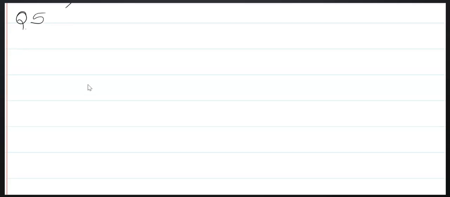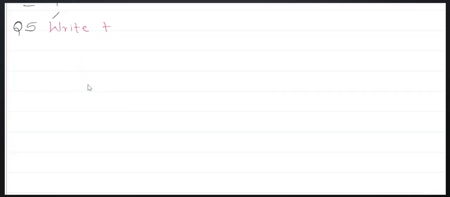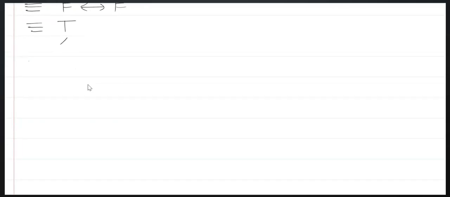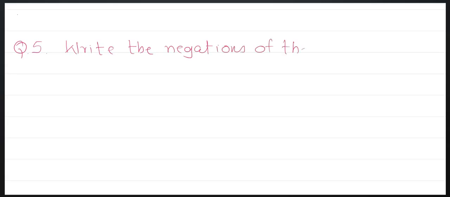Question number 5. Write the negation of the following. Tirupati is in Andhra Pradesh.